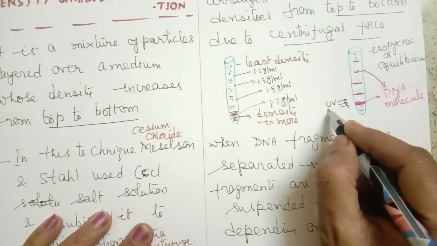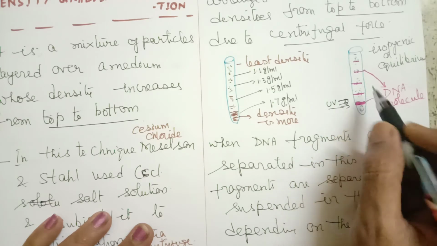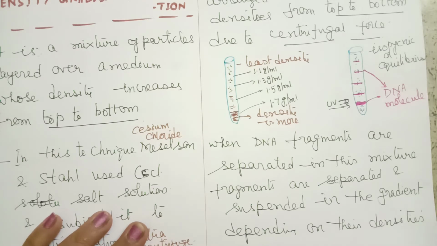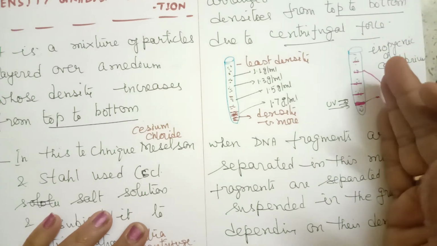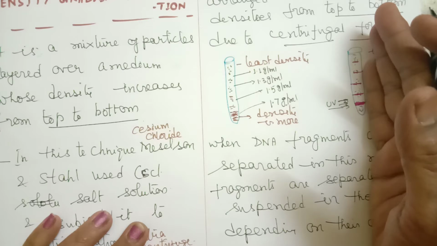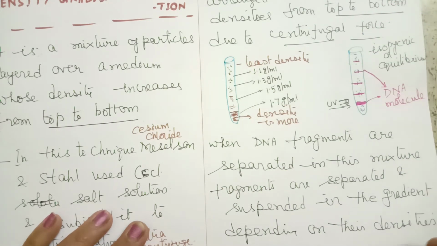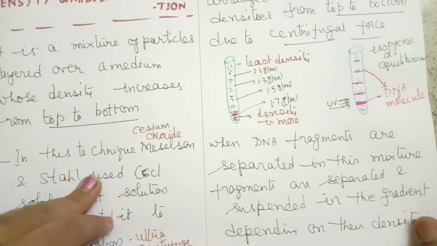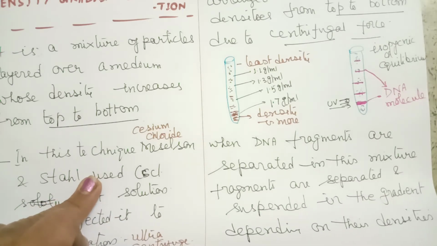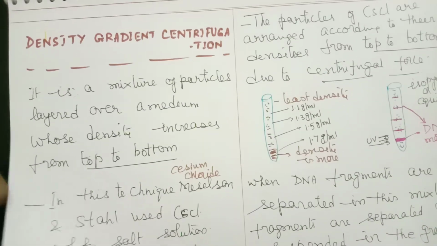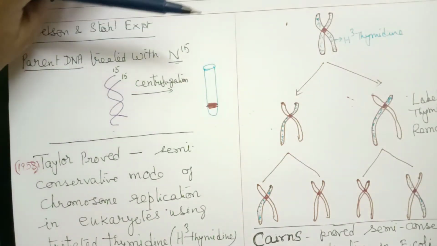They can be stained, and by observing in ultraviolet light, the DNA fragments can be easily seen. The technique can also become autoradiography, where an X-ray film is kept here so that the bands can be easily observed. This is how different DNA fragments, based on their densities, can be separated. The technique is called density gradient centrifugation.